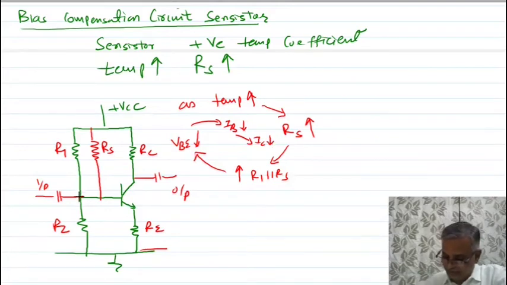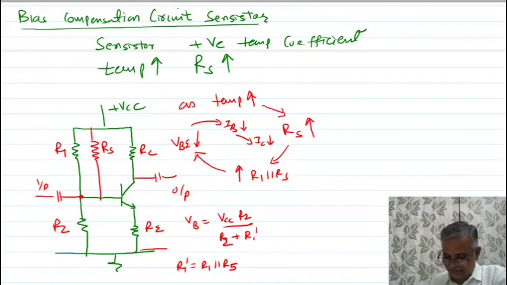You know that the base voltage is VCC times R2 upon R1 dash plus R2, where R1 dash is R1 parallel RS.